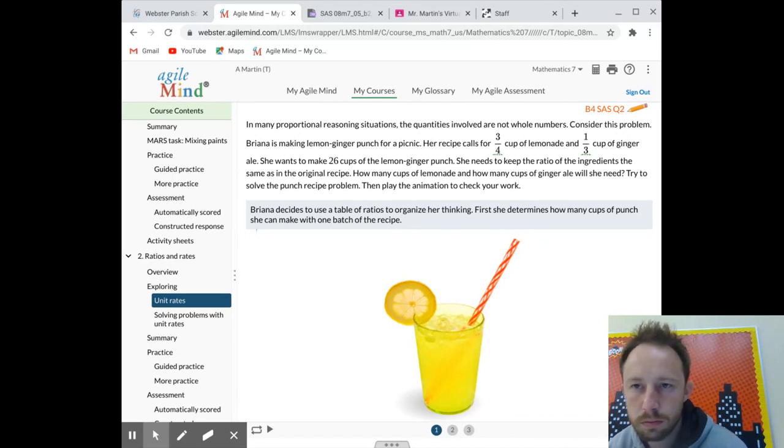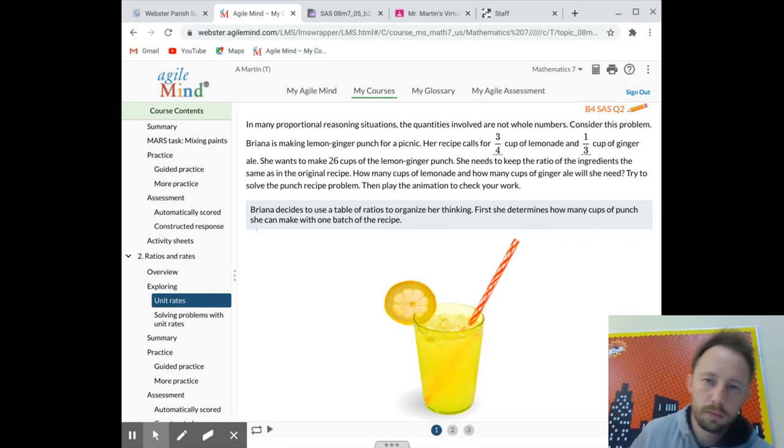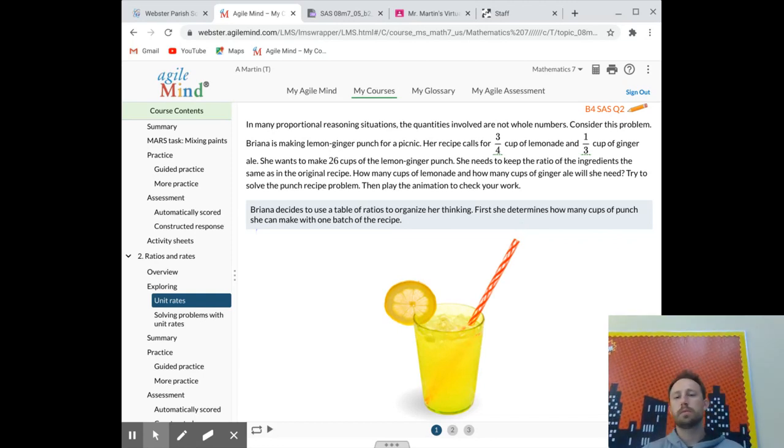Her recipe calls for 3/4 cup of lemonade and 1/3 cup of ginger ale. She wants to make 26 cups of the lemon ginger punch. She needs to keep the ratio of the ingredients the same as the original recipe. How many cups of lemonade and how many cups of ginger ale will she need? Try to solve the punch recipe problem, then play the animation to check your work. Good job.